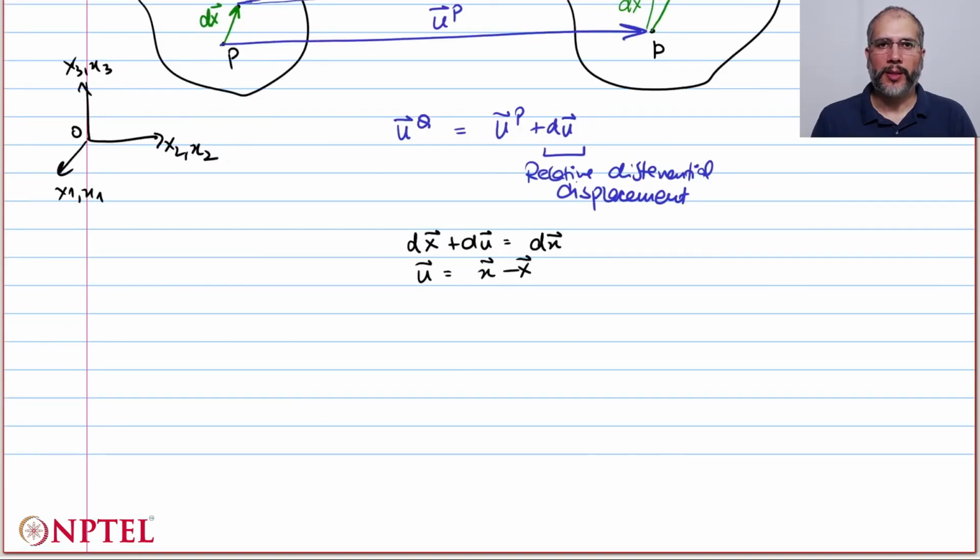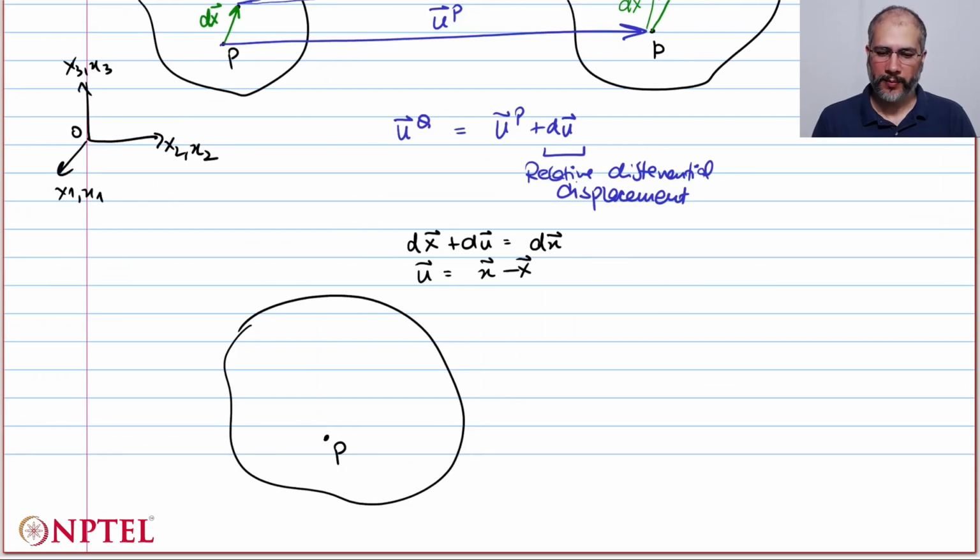Now a better way to visualize this differential displacement is to sit on the particle P and then make the measurements. So let's say this is the body and you have a particle P, the material particle P. So you sit on it and you find that point Q was here. So you measured the d capital X vector like this.